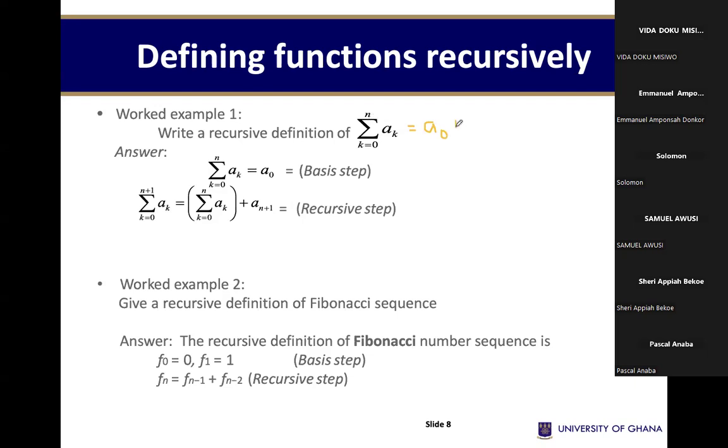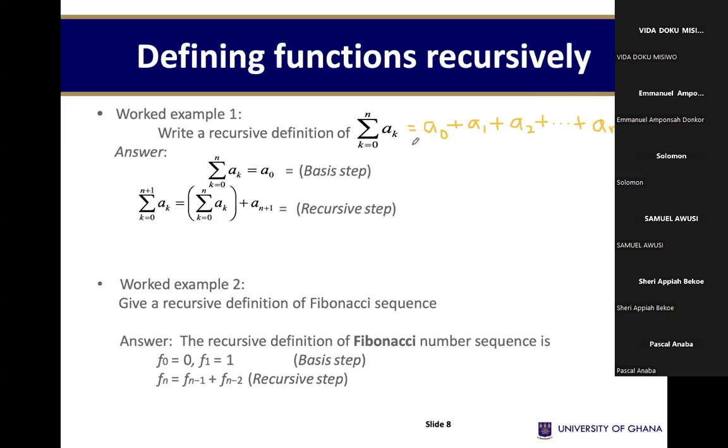So I bring the plus here, and then I look at A of 1, and then the next one, when K is 2, I'm going to have A of 2, plus, up to when K is N, I'm going to have A of N. Basically that's how the sum is going to be.